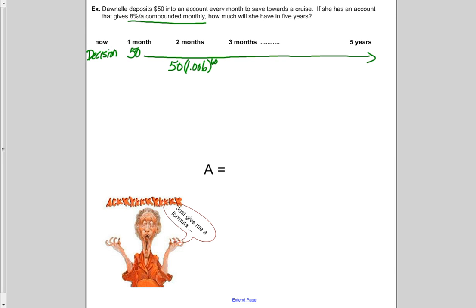In 2 months from now, she's going to put another $50 in. And that $50 is going to earn interest for a long time as well. A little less, but it's going to be 1.006 repeating 59 times.